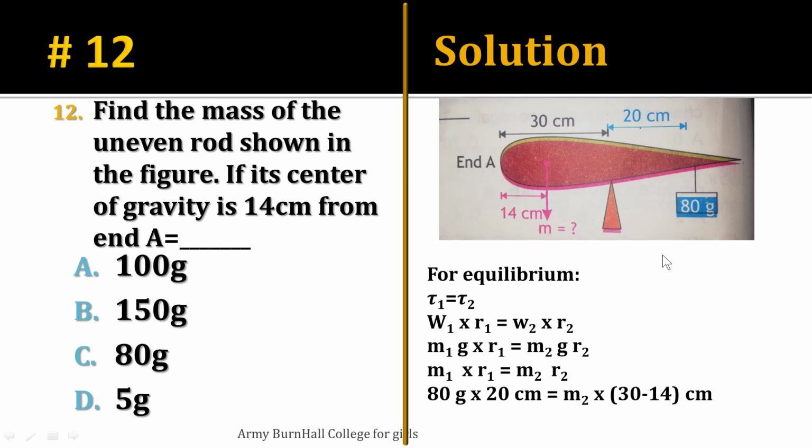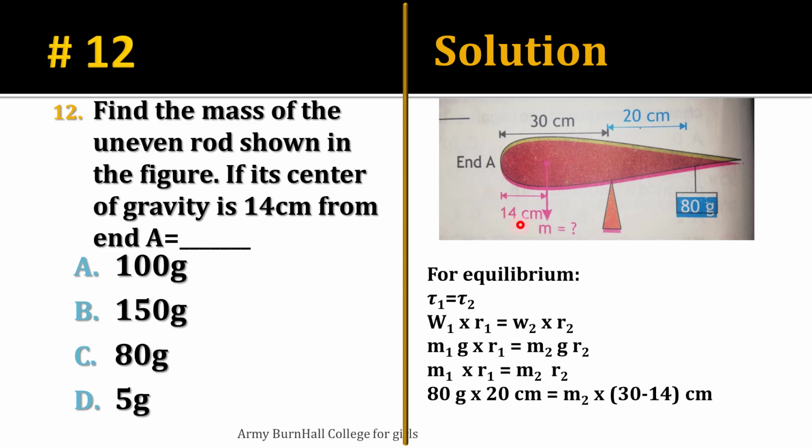By putting the values over here, let's say M1 is 80 gram. 80 gram into R1, that is 20 centimeter. So 80 into 20 is equal to M2 multiplied by this distance. But this distance is not given.